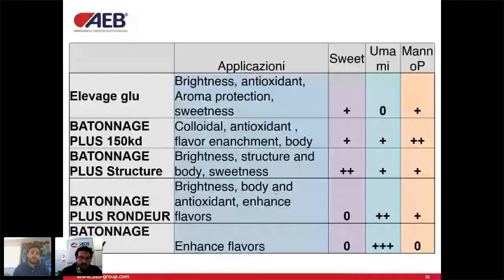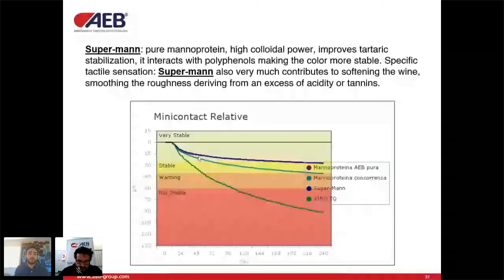Also, IB has a product that is a pure monoprotein. It's called Superman, and is the one that has the high colloidal power. So it's the one targeted to improve tartaric stabilization, but it also has a specific tactile sensation.